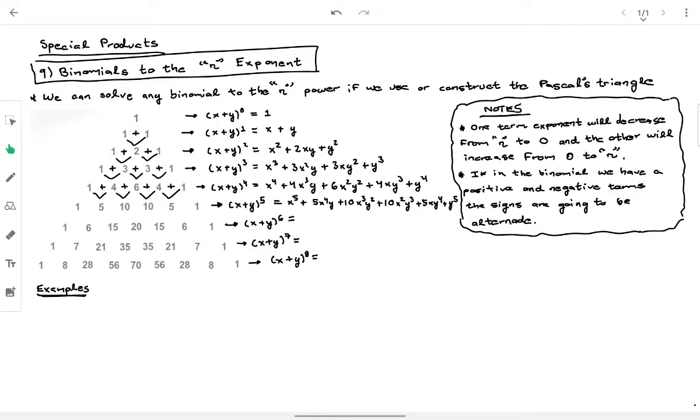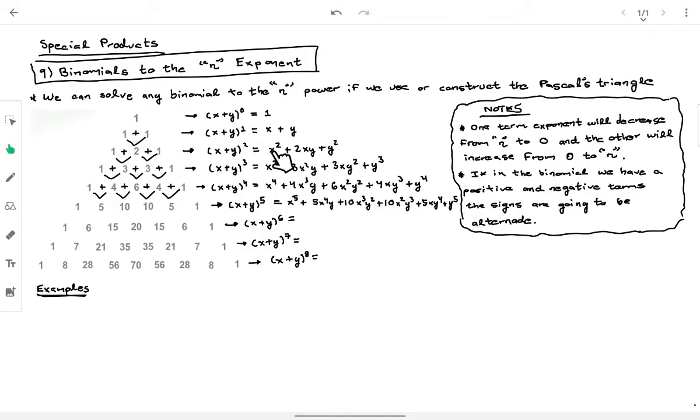It will be very simple. Here we can see that one term's exponent will decrease from n to 0 and the other will increase from 0 to n. So if we see here, we have x squared, then x, then it disappears because it's x to the 0.